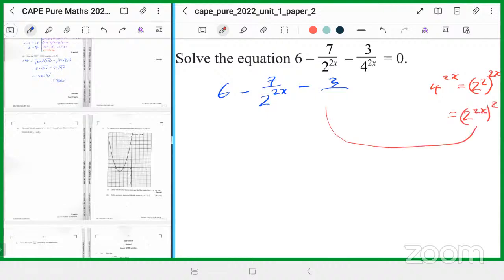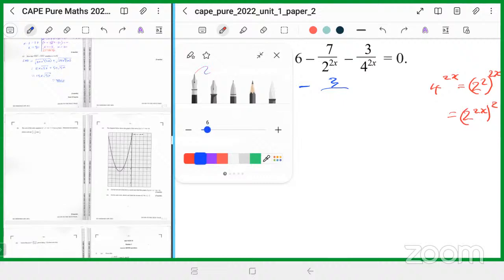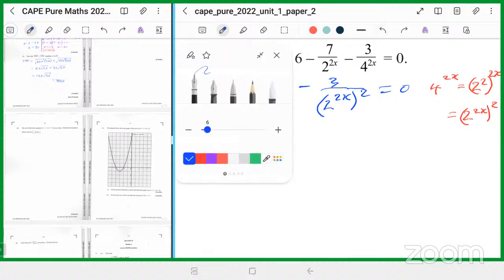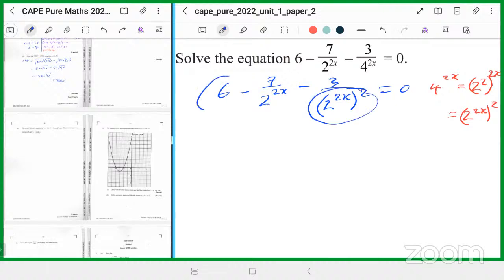So this is what I'm going to use over here. I want to generate the 2 to the 2x. That's what this becomes right here, equals 0. What I'm going to do is multiply through by the lowest common multiple of the denominators. Multiply through by that: I multiply this denominator by this first, I get 6 times that.